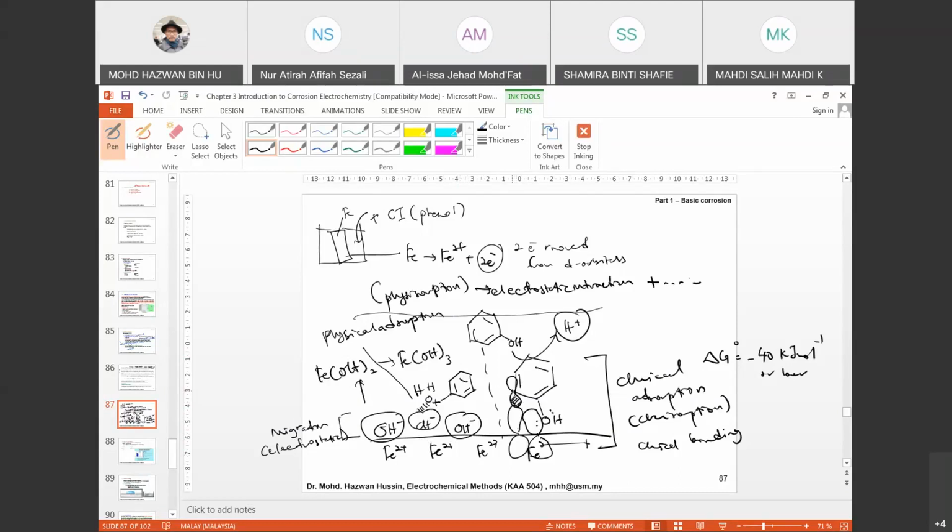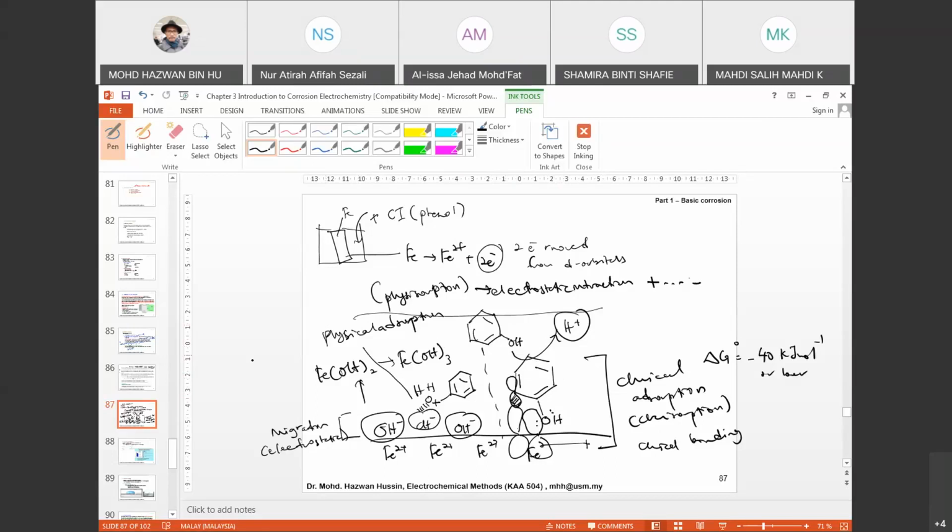Okay, and probably you might ask, for one type of inhibitor, will it perform one type of adsorption or can it be both? The answer is that an inhibitor can perform both ways. It can form physical adsorption or chemical adsorption or both together. Okay, so the mechanism is always complicated.